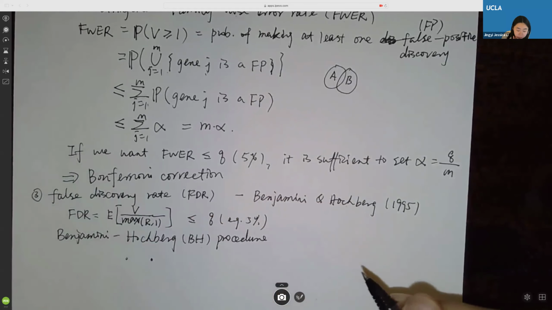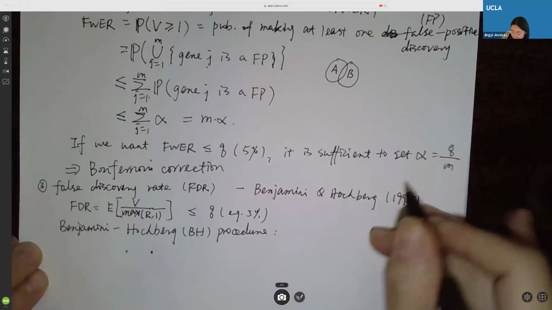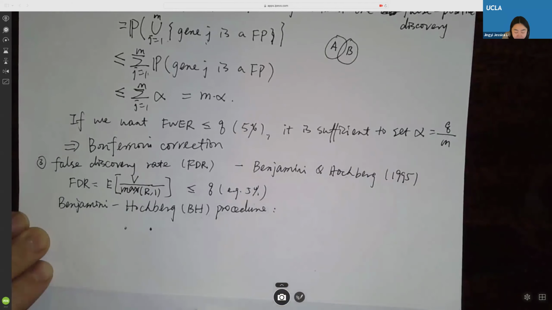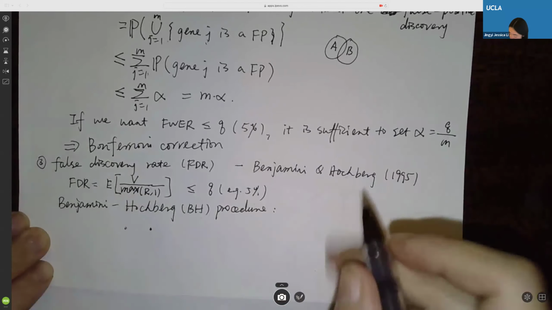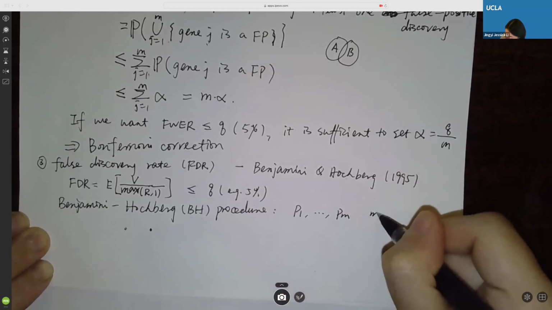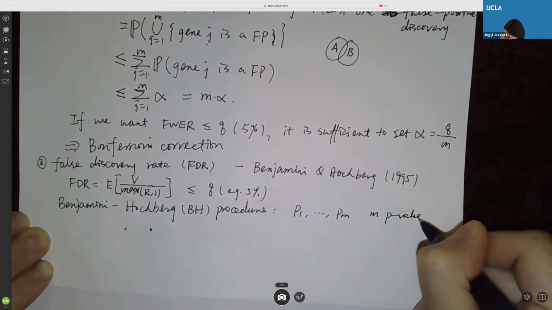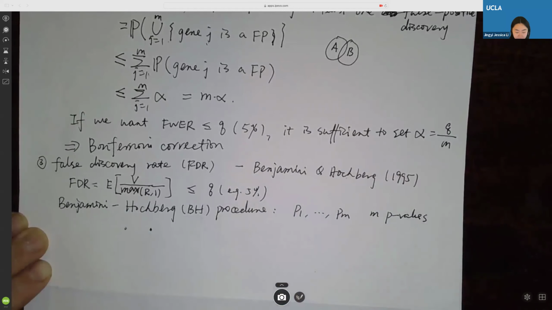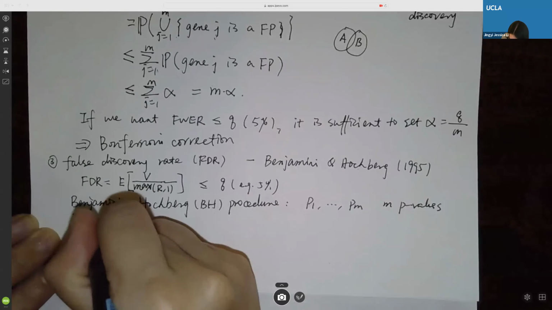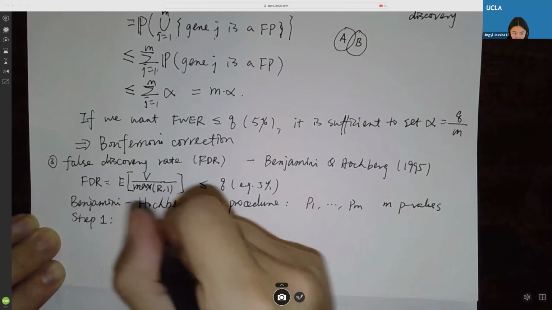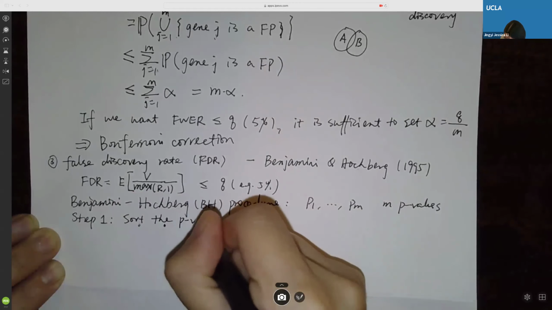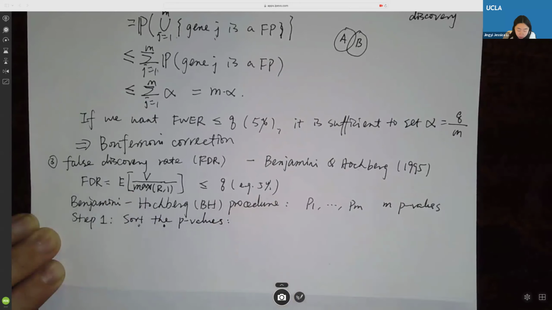So what does it do? It has multiple steps. First of all, it relies on the p-values of the m tests. It uses p1 to pm as the m p-values as the input, and then tries to set a threshold. Step 1 in this procedure is to sort the p-values from the smallest to the largest.